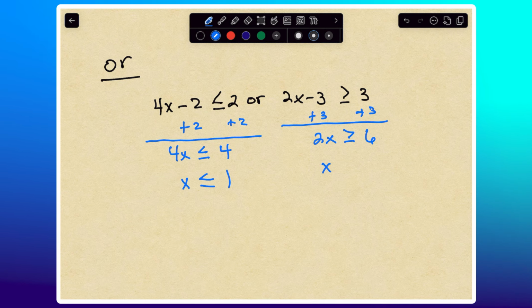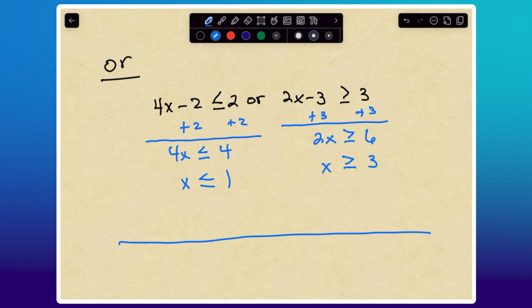It becomes x is greater than or equal to 3. Okay, now we draw our number line. I'm going to draw a light blue number line. And we know that one of the values is 1, so that should make it pretty easy.